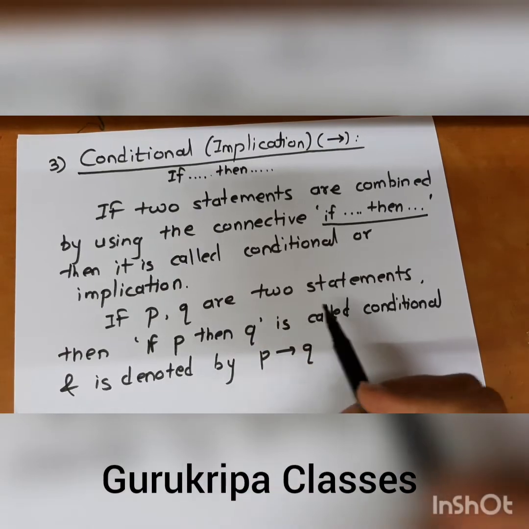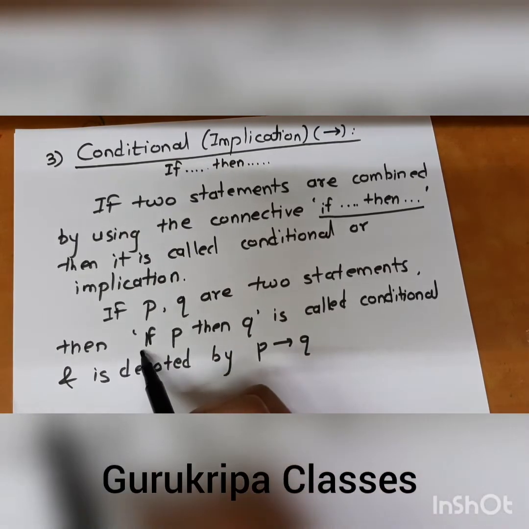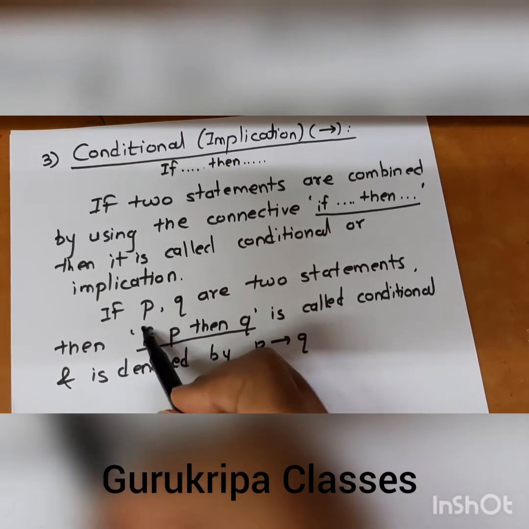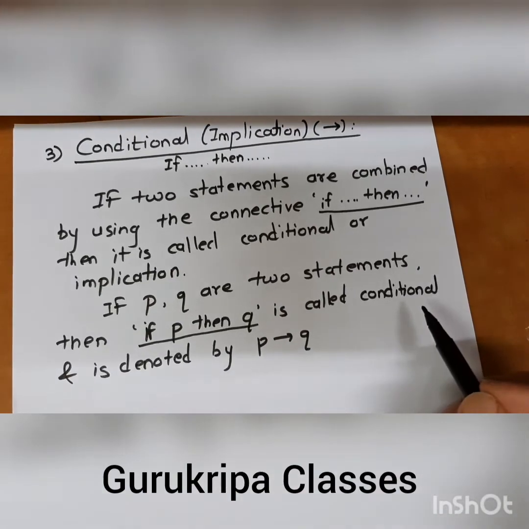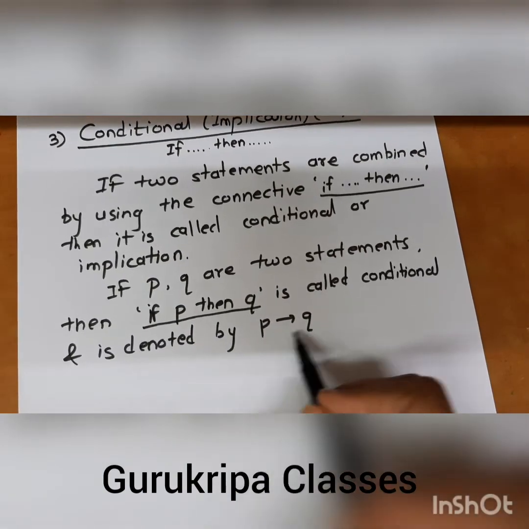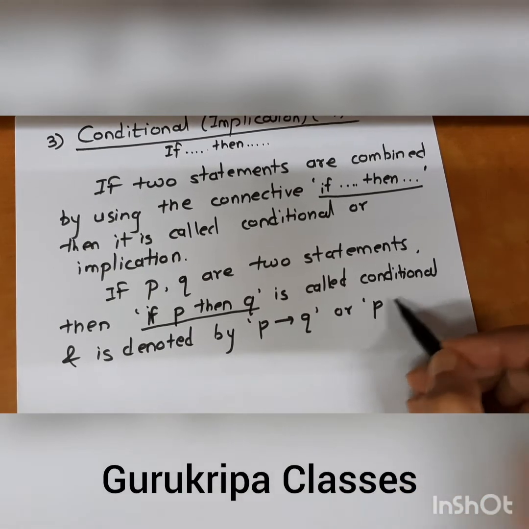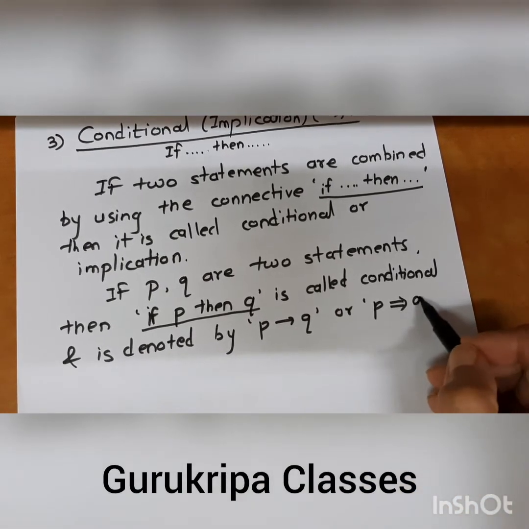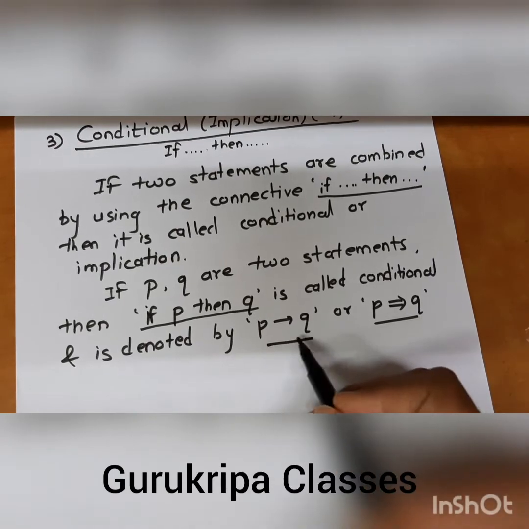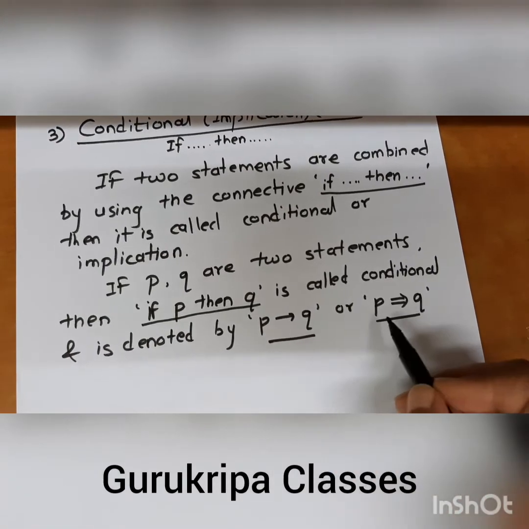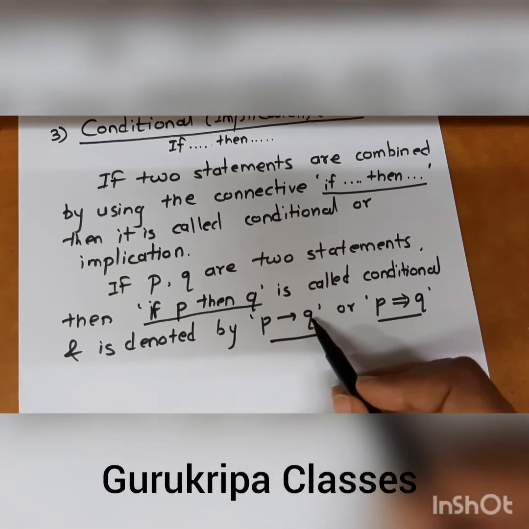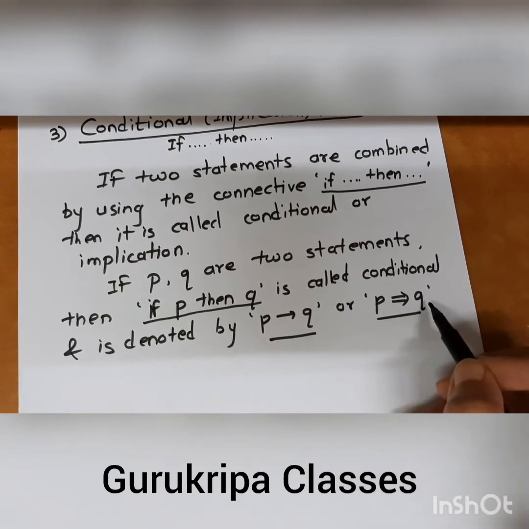If P and Q are any two statements, if P then Q is called conditional and it is denoted by this sign, P implies Q, or we can also denote this using this sign. Both mean the same. P conditional Q.